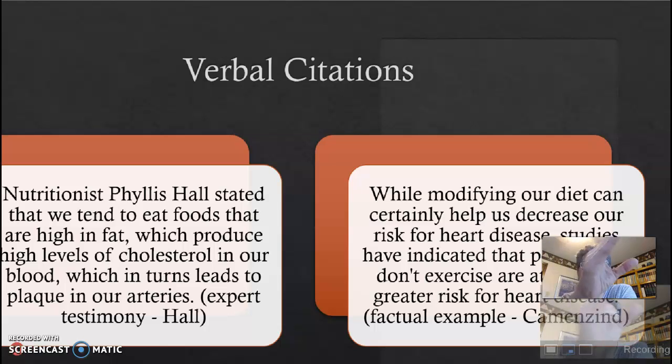For example, you would want to say something like, in addition, Carnazin says, while modifying our diet can certainly. So you'll see they include the author's name, because that's how we're going to find it in the reference list, and including those kinds of things in there.